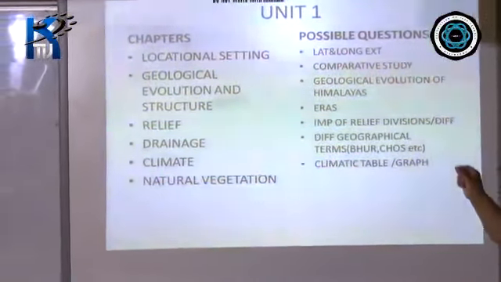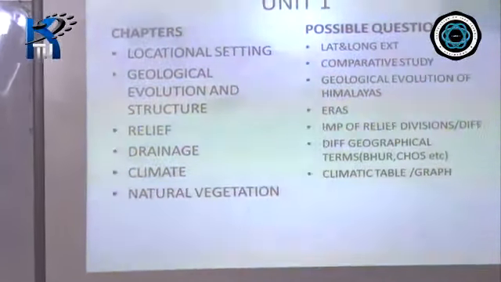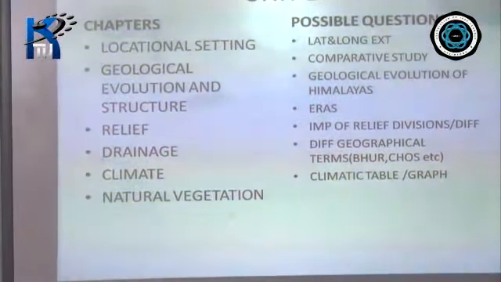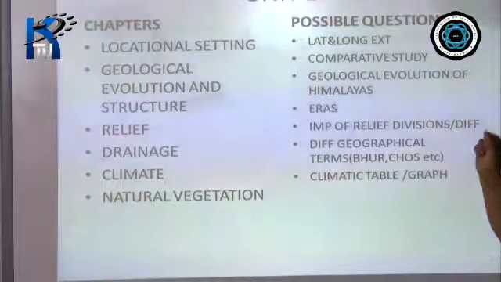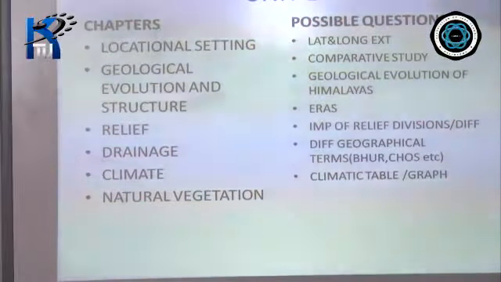There may be 2 lines drawn, the first written A and the second written B, and they might ask you for the figures: 68 degrees, 97 degrees 25 minutes. So the latitudinal and longitudinal extent is very important.